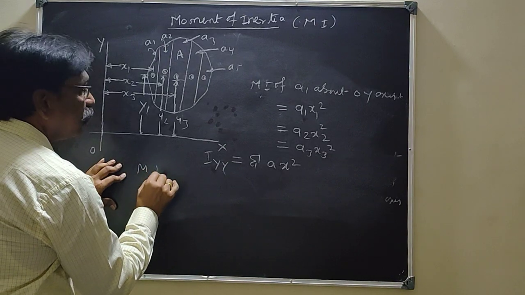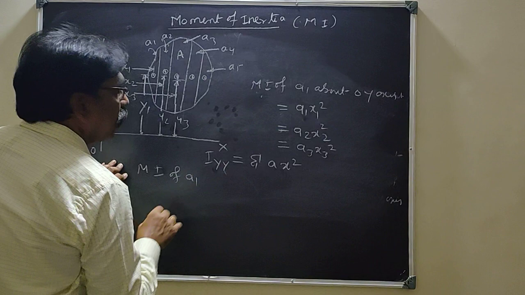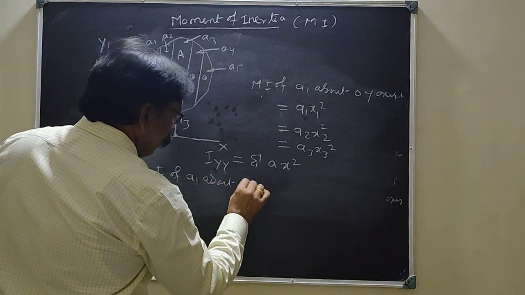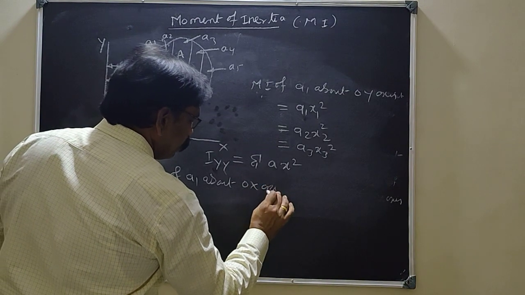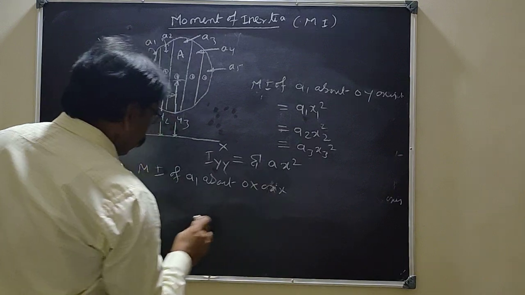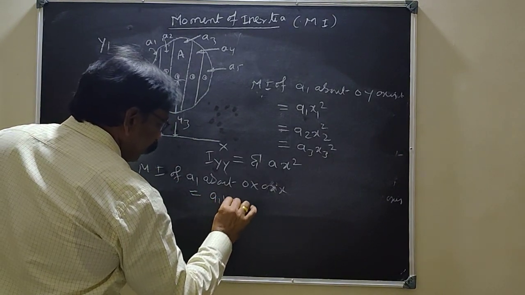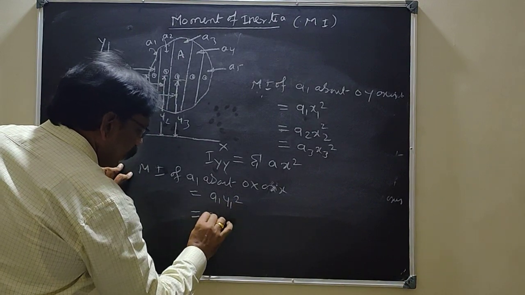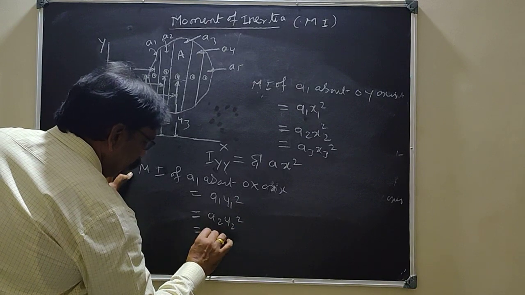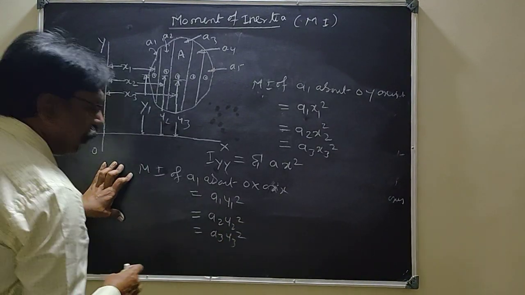The moment of inertia of element A1 about the OX axis is equal to A1 y1 square. Similarly for the second element, A2 y2 square and A3 y3 square, and so on.